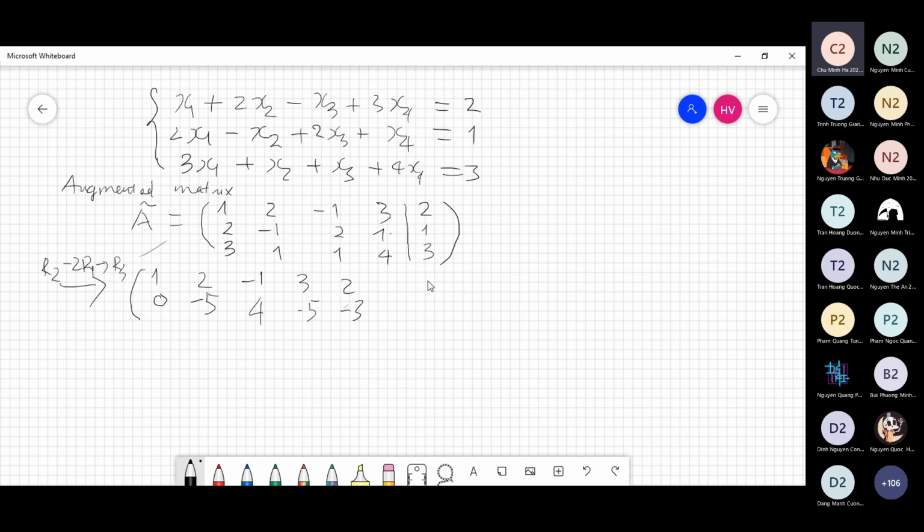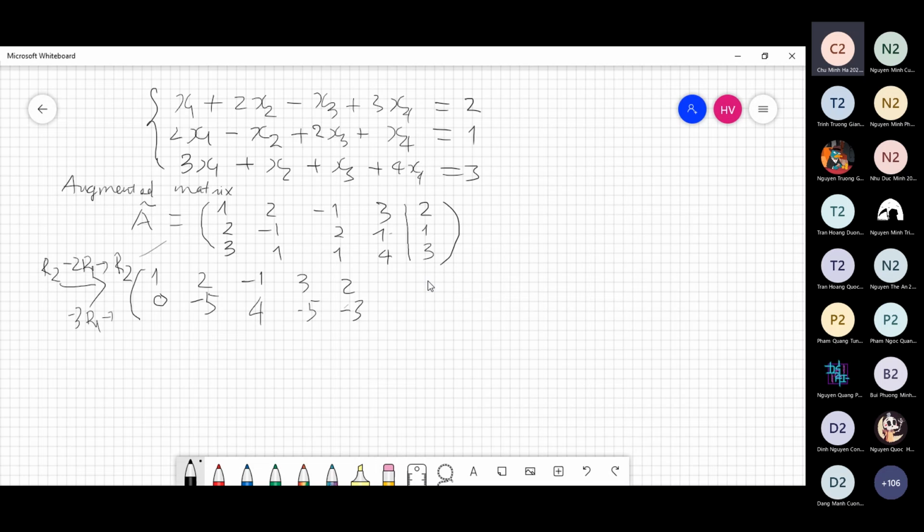And then 1 minus 6 is minus 5, and 1 minus 4 is minus 3. And then row 3 minus 3 row 1. Okay, I made some mistake here: replacing row 2, not row 3.